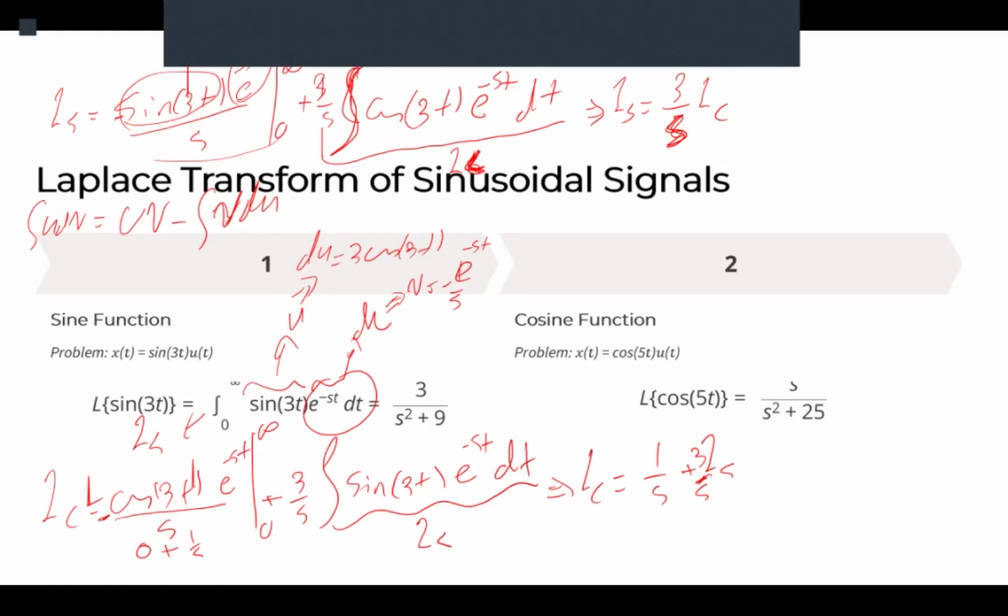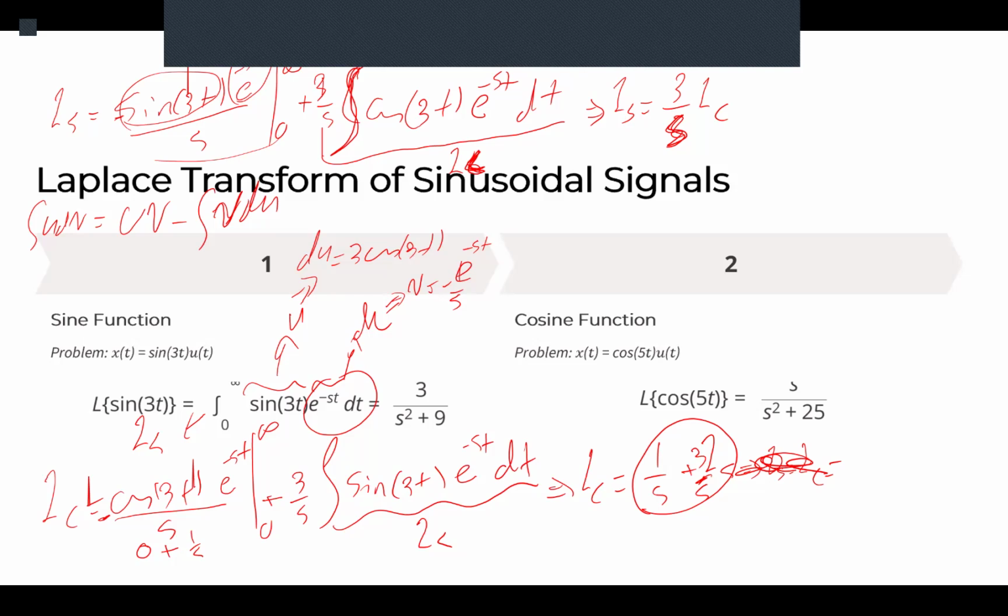Are we good? Are we good so far? Now, if we solve for IS, we have IC, and we know IS is 3 over s IC.